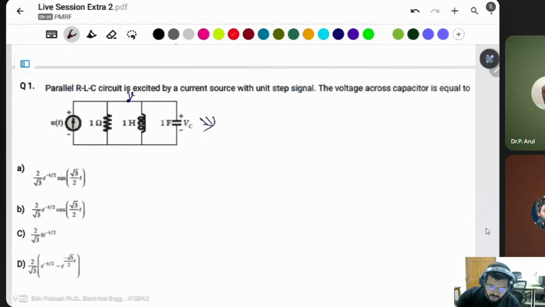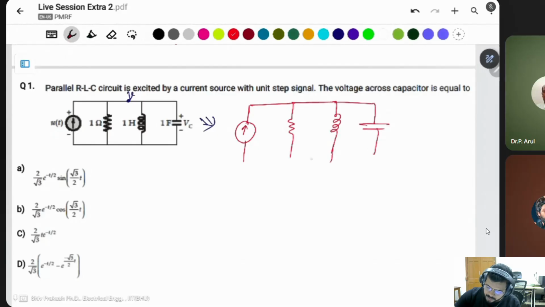First of all, make the circuit in Laplace. I(s) is 1 by s, R is 1, sL is s where L is 1, and 1 by sC is 1 by s where C is 1.